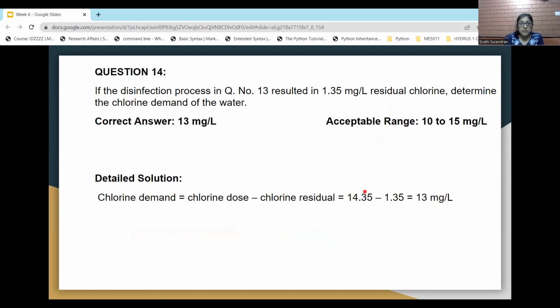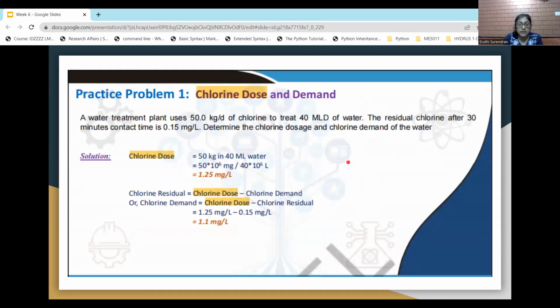This is another problem in the practice. This one, they have given this much of weight of chlorine to treat this much of water. Residual for 30 minutes contact time is 0.15. So they have given us the residual chlorine value. They have asked to find the chlorine dosage and the chlorine demand of water.